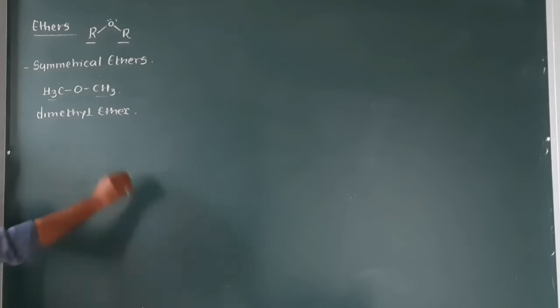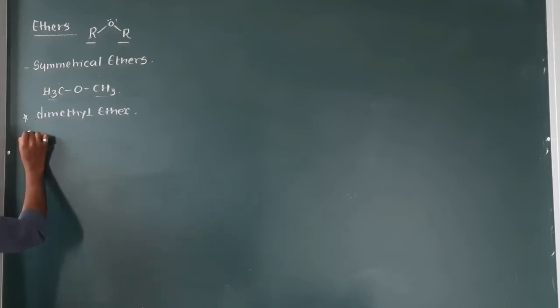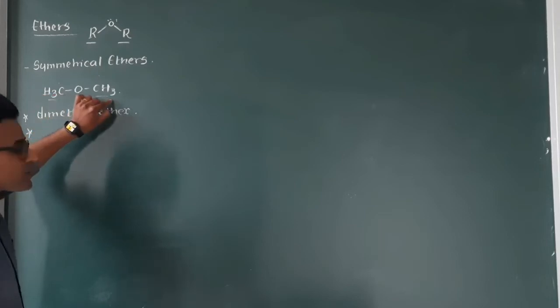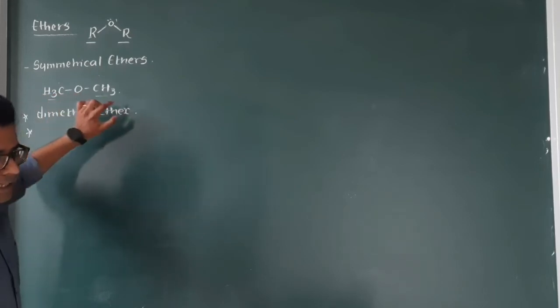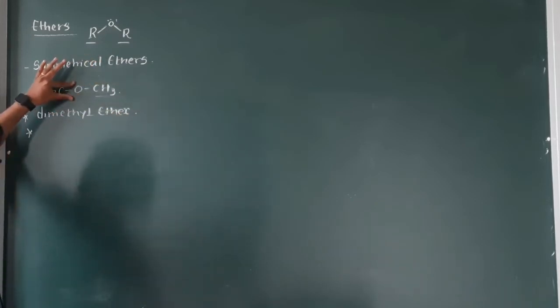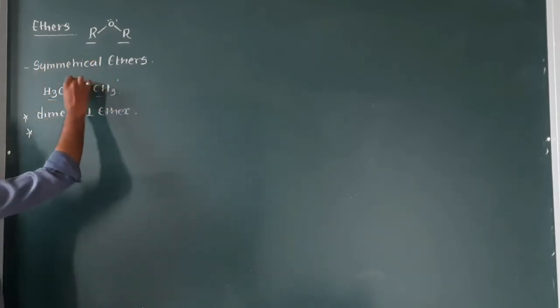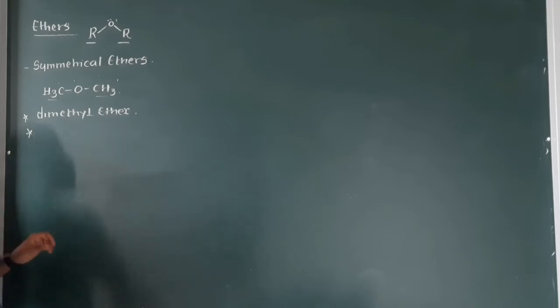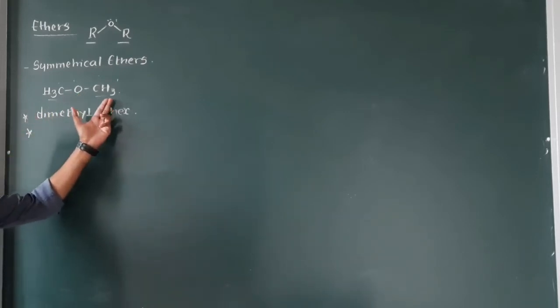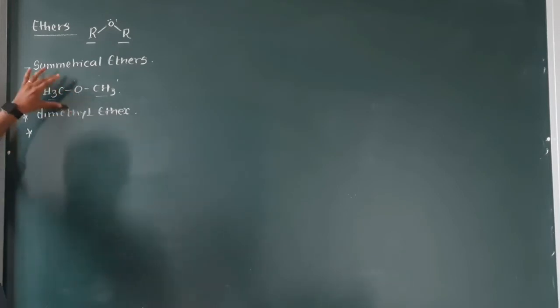Now, if we go for an IUPAC naming for the same one, then we need to consider oxygen with either one of these alkyl systems. So it is going to become methoxy. Consider oxygen with one of those alkyl systems, so it becomes methoxy. What remains behind is a methyl group.